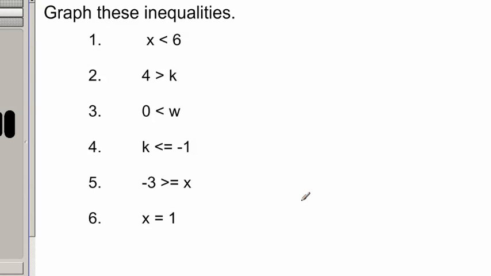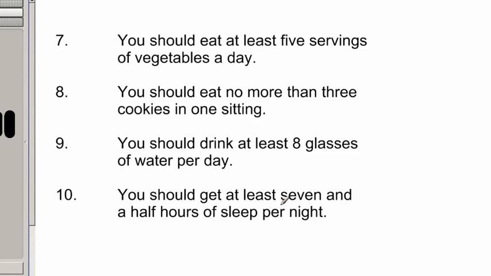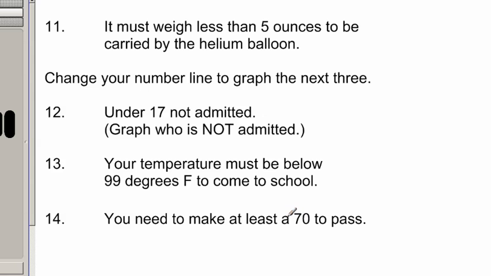Your job now is to graph these inequalities. So go ahead and pause me, and unpause me when you're finished. Here I want you to translate from English into a mathematical inequality and graph it, please. For 12 through 14, change your number line so that the numbers make sense according to the problem.